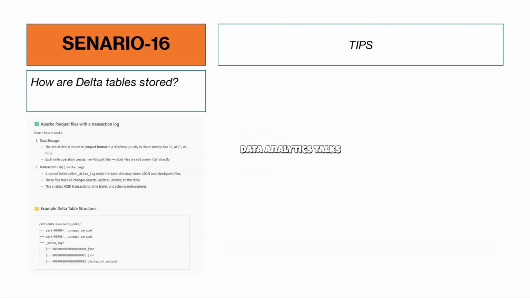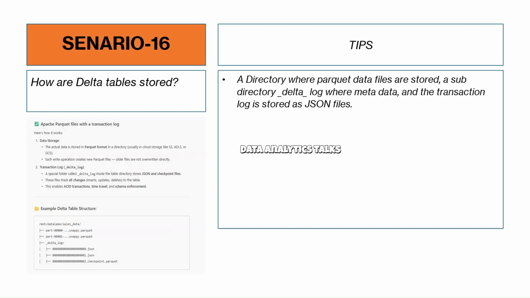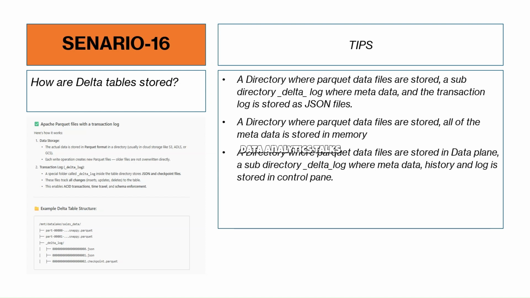So how are Delta tables stored? Earlier we saw how the transaction tables are stored. Let's look at the options. A directory where Parquet data files are stored, and a subdirectory _delta_log where metadata and the transaction log are stored as JSON files. A directory where Parquet files are stored, all of the metadata is stored in memory.